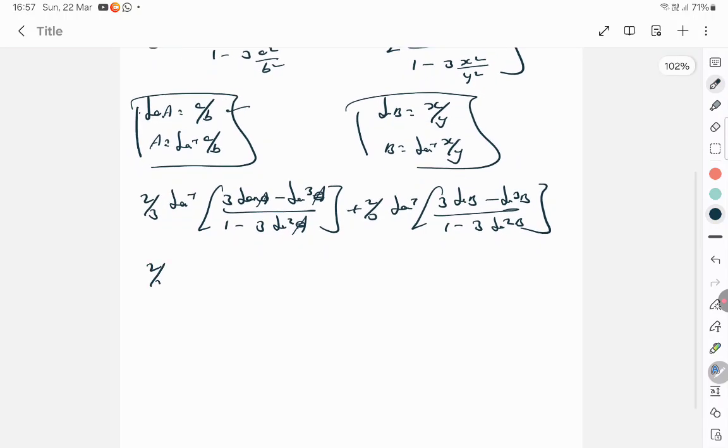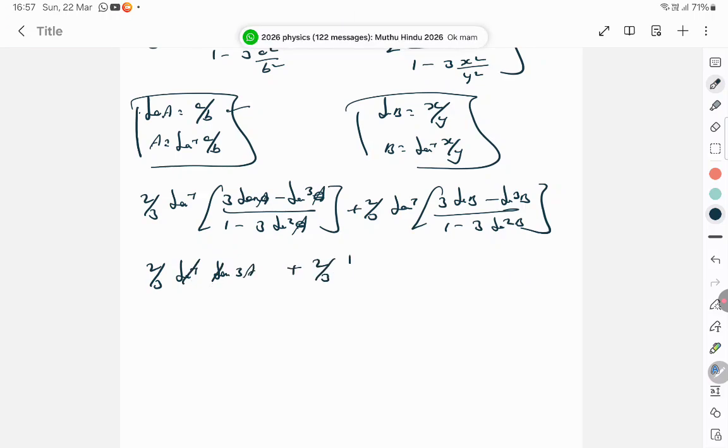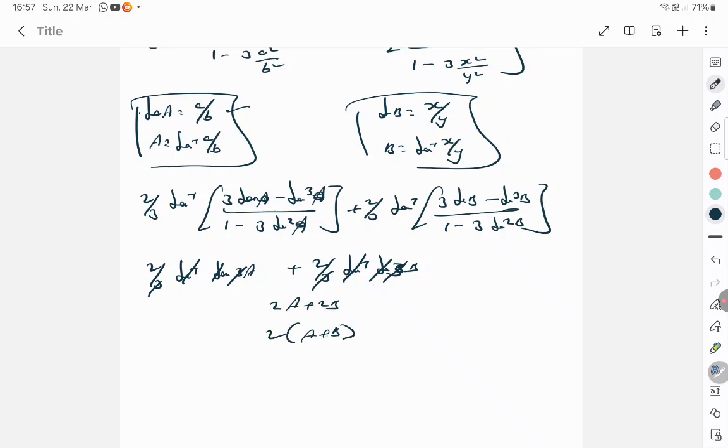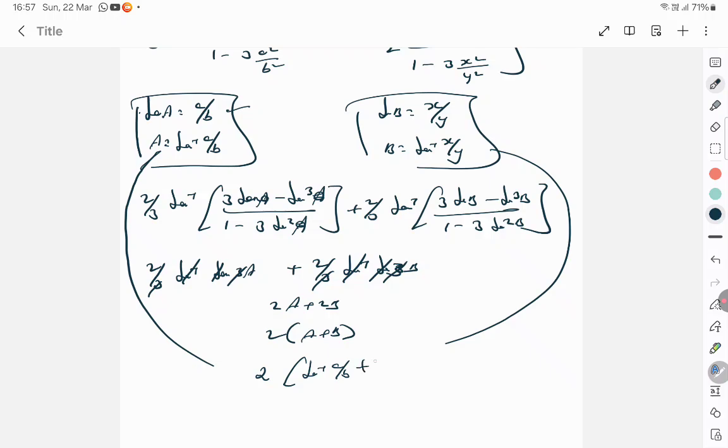So this is 2/3 into tan inverse of tan 3A, and similarly 2/3 into tan inverse of tan 3B. Now the 3 and 3 get cancelled, you get 2A + 2B, which is 2 into (A + B). A is tan inverse of a/b and B is tan inverse of x/y, so it's 2 into tan inverse of a/b plus tan inverse of x/y.